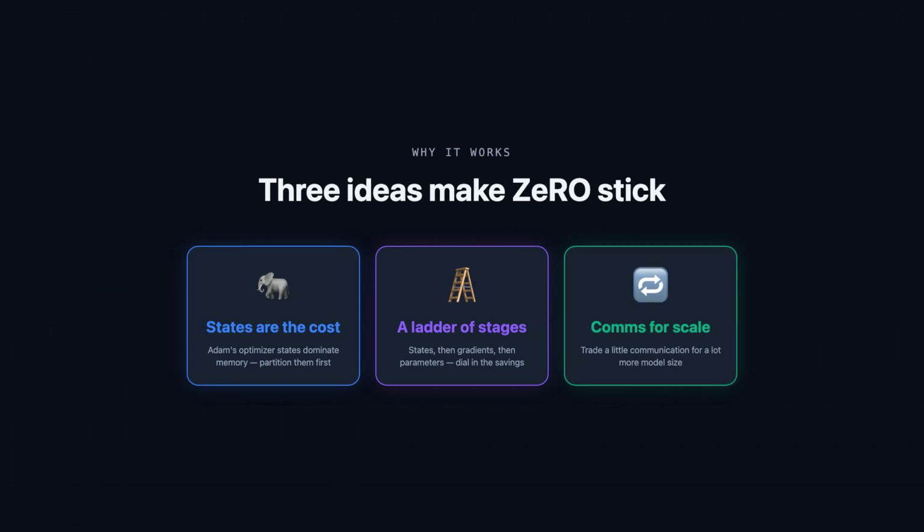Third, the bargain. Every stage trades a bit more communication for a lot more scale, and the final stage is essentially the technique that FSDP later built on. You choose how far up the ladder to climb based on exactly how much memory your model needs back.